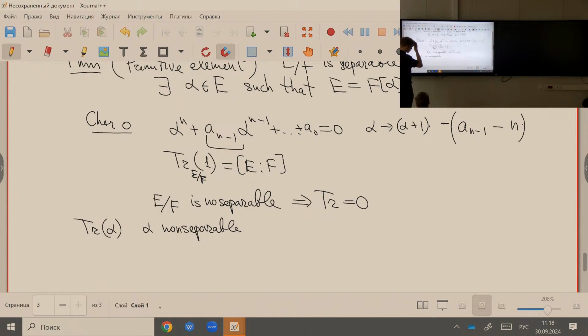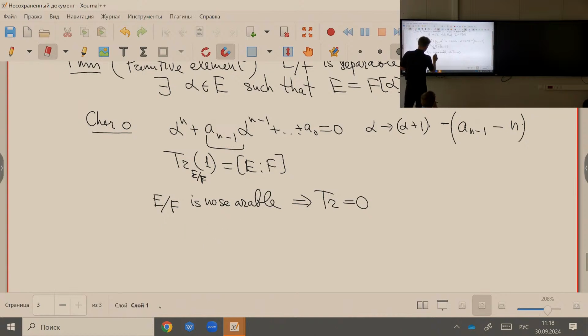Here I want to say the following, that actually we can factor the elements.